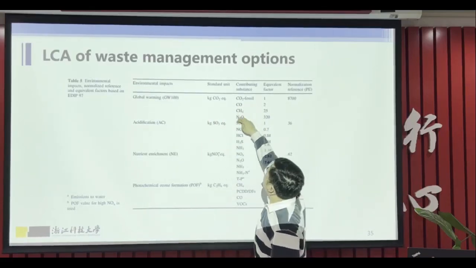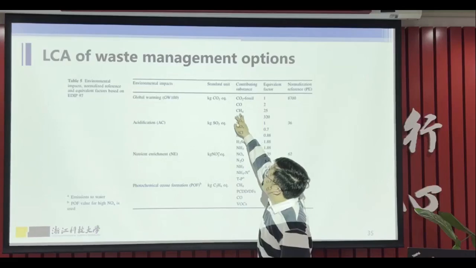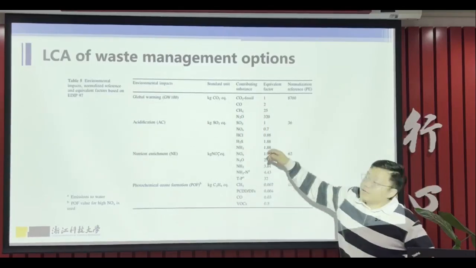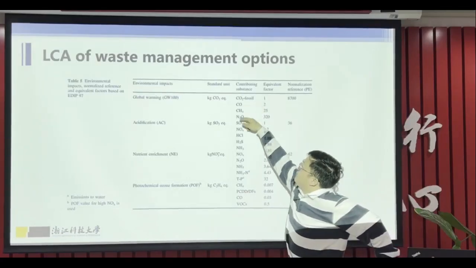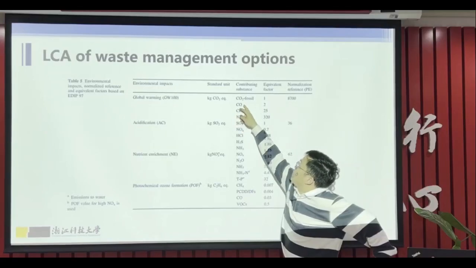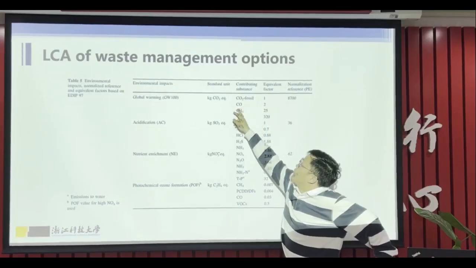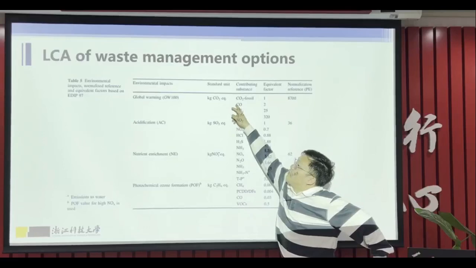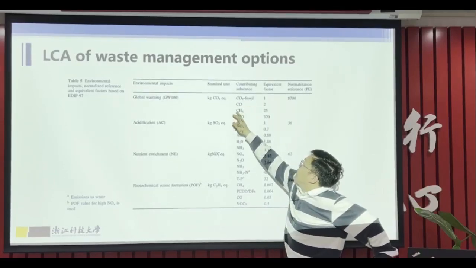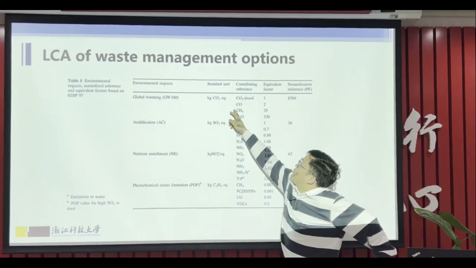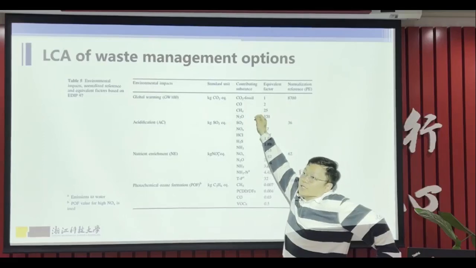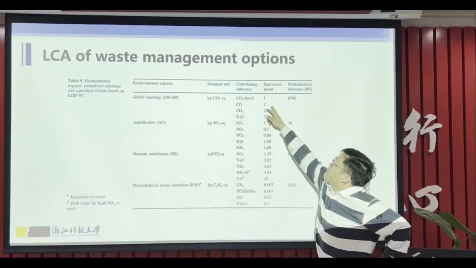So we should collect all this data in this category, and also we have equivalence factors of these different emissions. For example, 1 kilogram of CO emission equals 2 kilograms of CO2 equivalent, and 1 kilogram of methane equals 25 kilograms of CO2 equivalent. So this is the equivalence factor here.